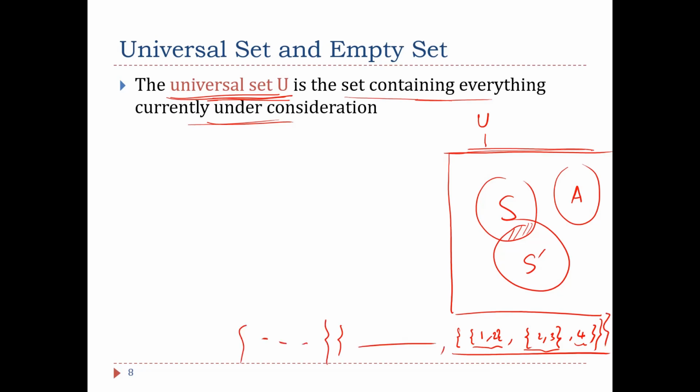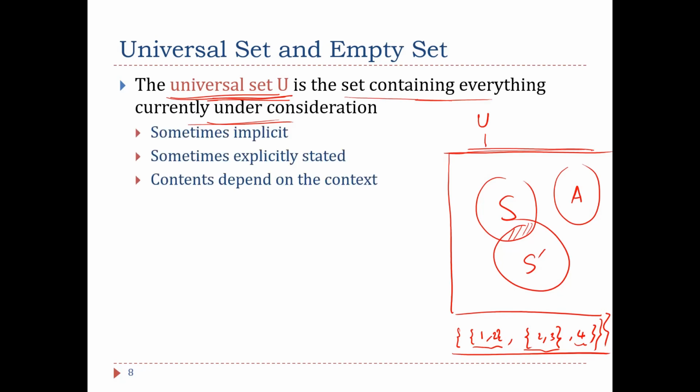So I can put a set in which this U exists with other U's and other sets and other elements. It never ends, and that's why we cannot talk about the universal set, but you can talk about the universal set containing all the sets currently under consideration in a specific problem.